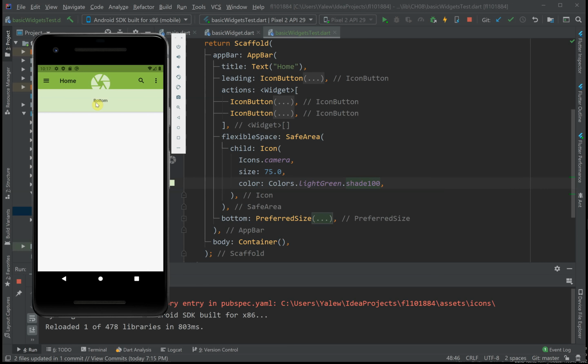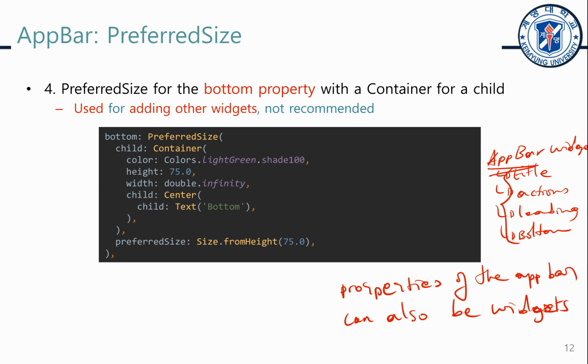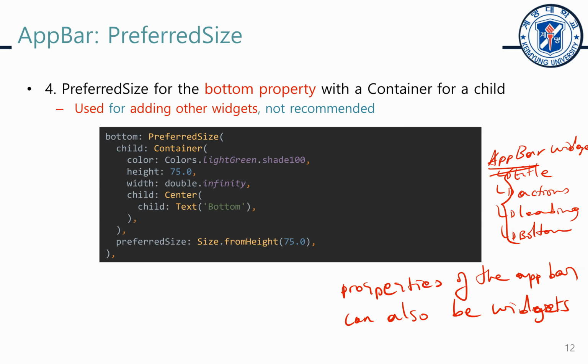Okay, so the next topic that we are going to discuss, or actually it's not the next topic, the next basic widget. So far we are not discussing all these widgets. We are not discussing container, we are not discussing center, we are not discussing text. Rather, what we are discussing is the app bar widget.